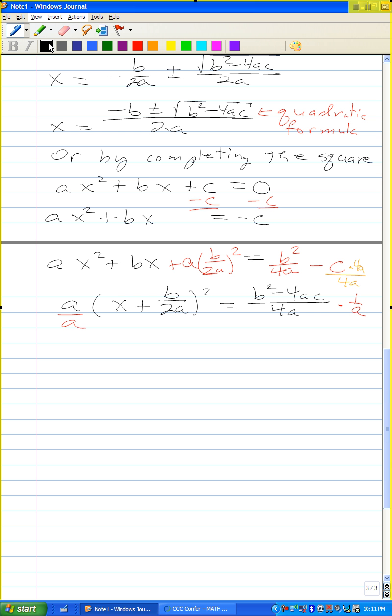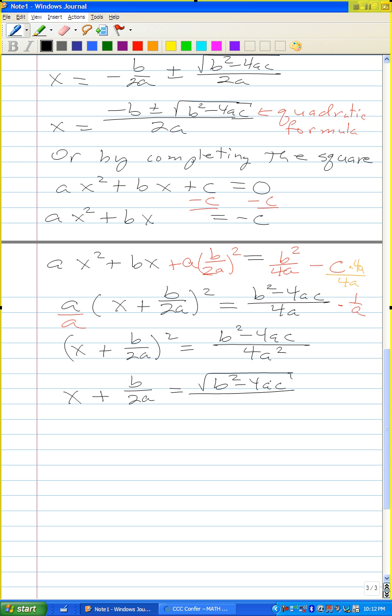And so you get x plus b over 2a squared is equal to b squared minus 4ac all over 4a squared. Therefore, by the square root property, x plus b over 2a is equal to the square root of b squared minus 4ac all over the square root of 4a squared, which is 2a.